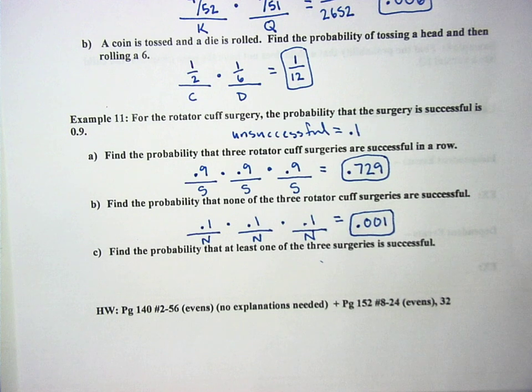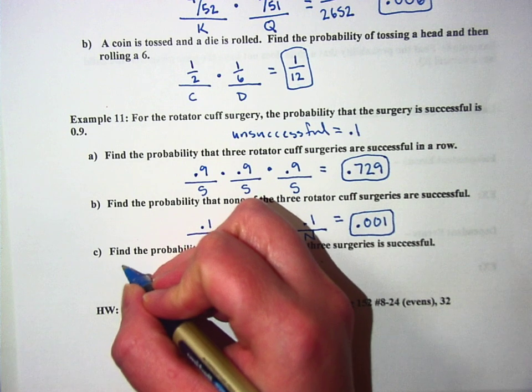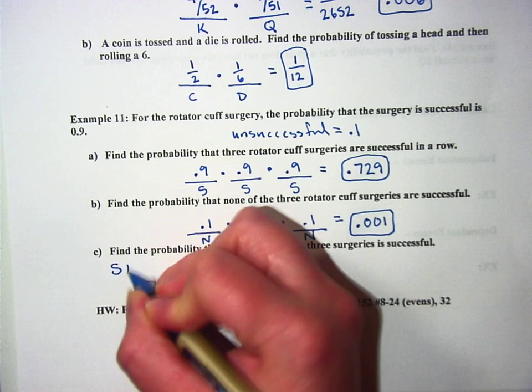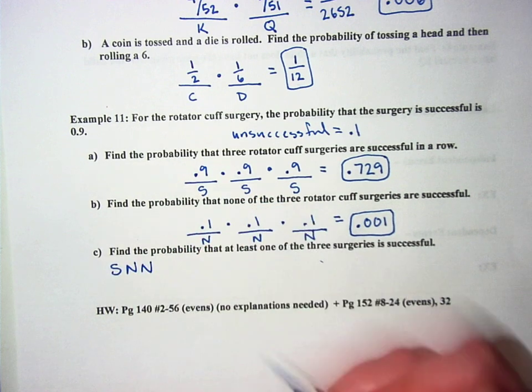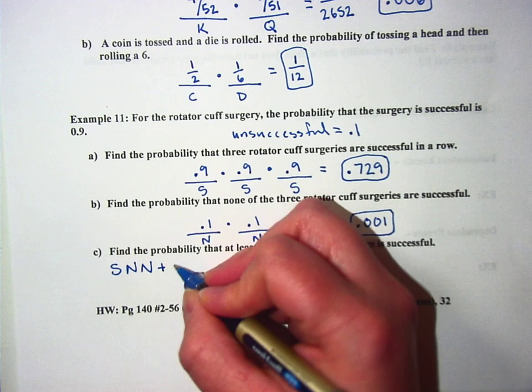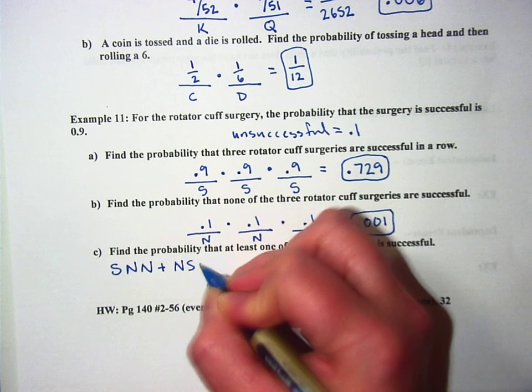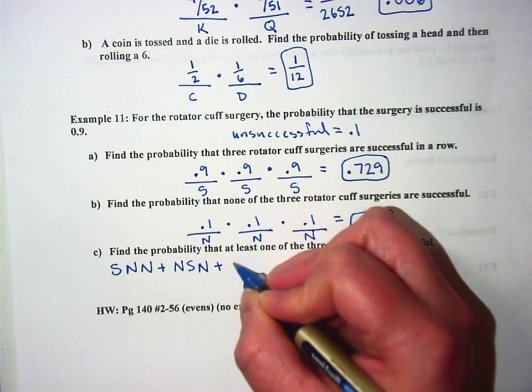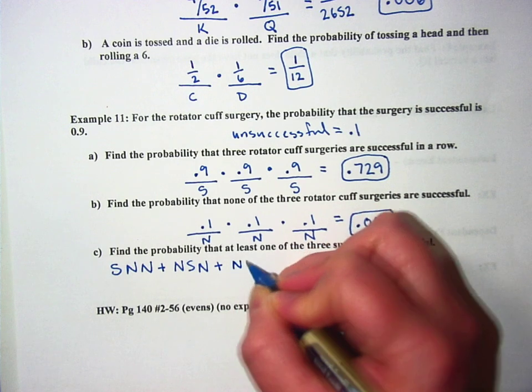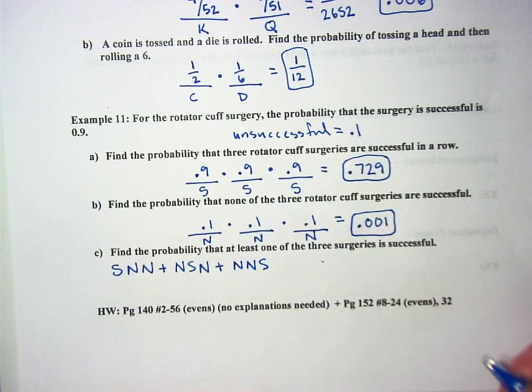Find the probability that at least 1 is successful. Now this is one where it's easier to find a complement, because if at least one of the surgeries is successful, I'd have to find the probability that the first one is successful, plus the probability that the second one is successful, plus the probability that the third one is the success and none of the others are.